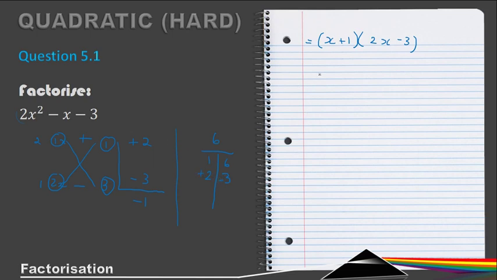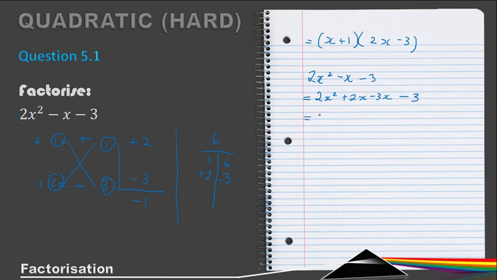Alright, so here I'm going to start with my 2x squared minus x minus 3, and then I'm breaking up this minus x, so I'm going to put the 3 with the 3 and the 2 with the 2, so plus 2x minus 3x minus 3, so there I've broken it up, and then start with factorizing.